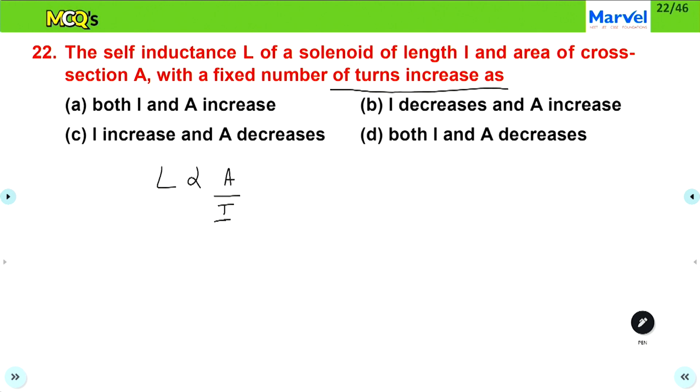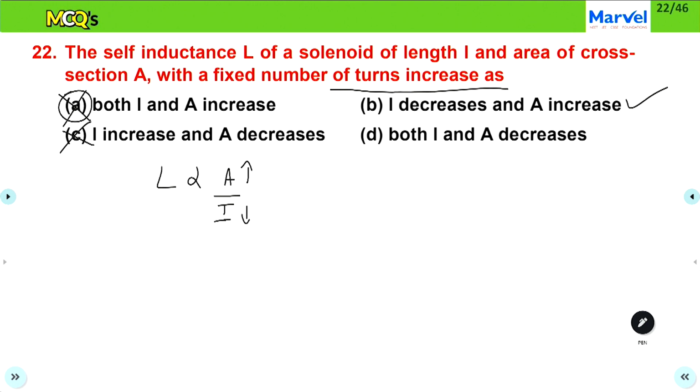To increase the self-induction of the solenoid, we have to increase A and decrease l. Among the options, in the first one both increase, which is wrong. In the second, l decreases and A increases, which could possibly be our answer. In option C, l increases and A decreases, which is also wrong.